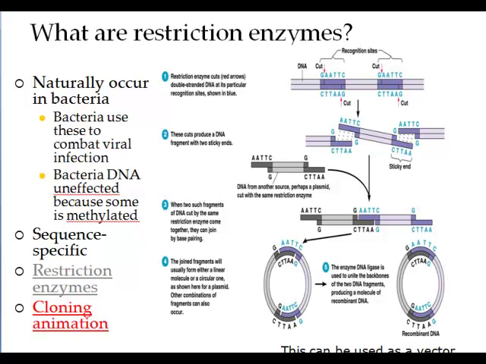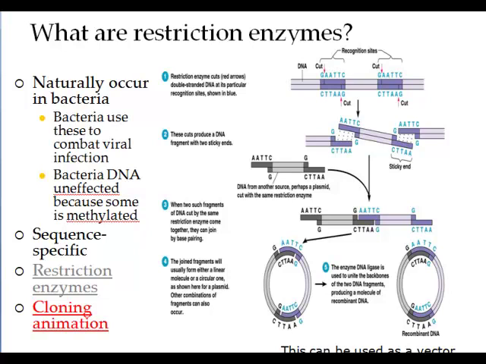What are restriction enzymes? Restriction enzymes are a special class of DNA cutting enzyme that exist in many bacteria. These restriction enzymes have been there for a very long time in nature, especially in archaea or certain bacteria that live at very hot temperatures.